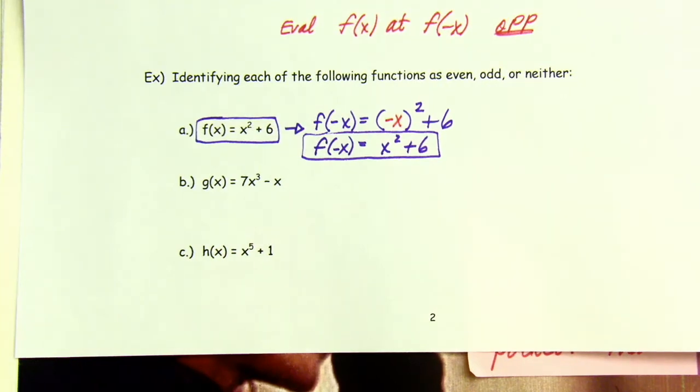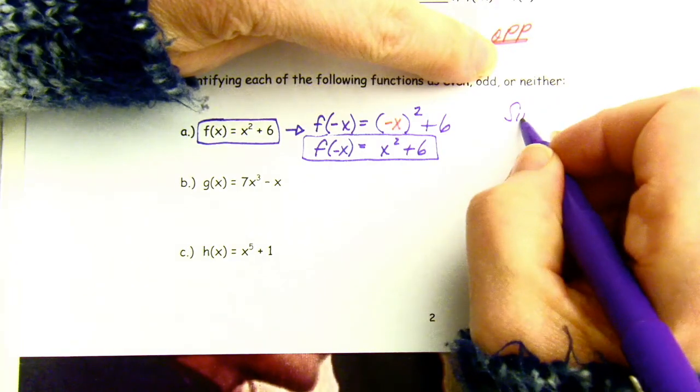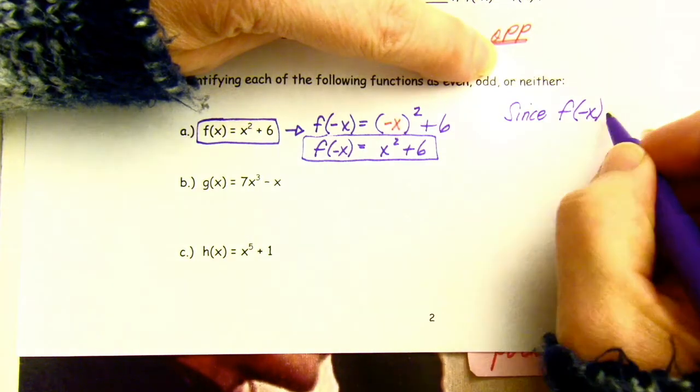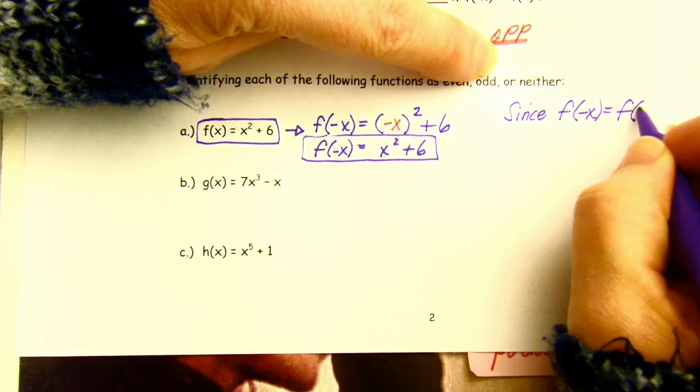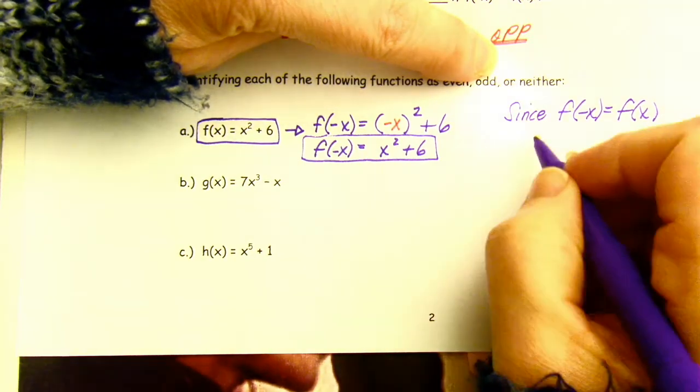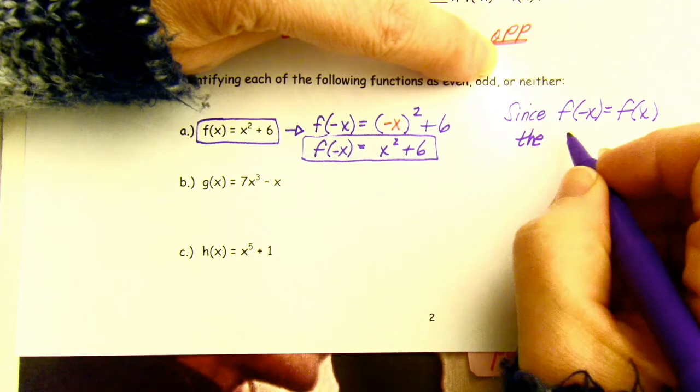So when I evaluate f of x at f of the opposite of x, and I get the same output, the function is even. So we'll say, since f of the opposite of x is exactly equal to f of x for all x in the domain of f, the function is even.